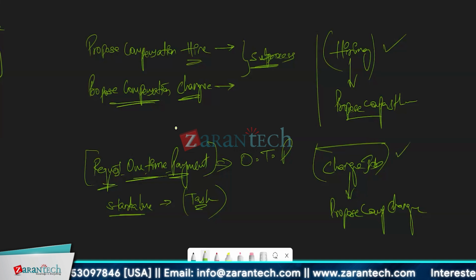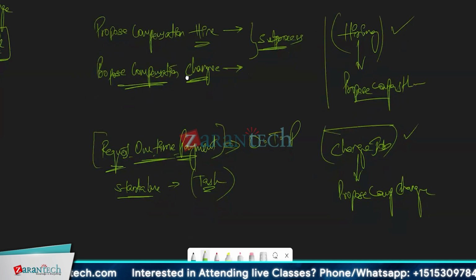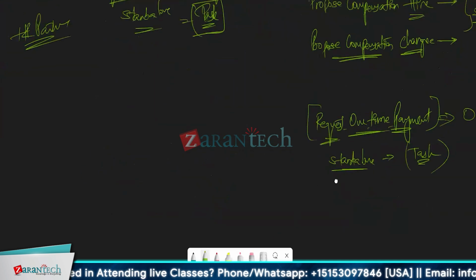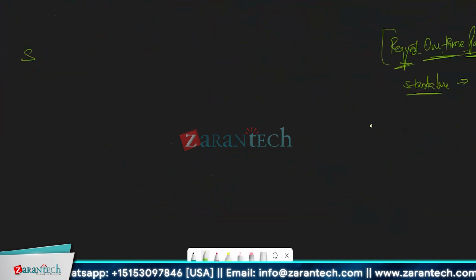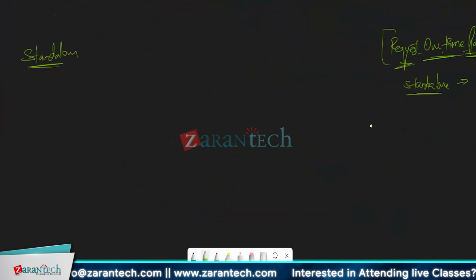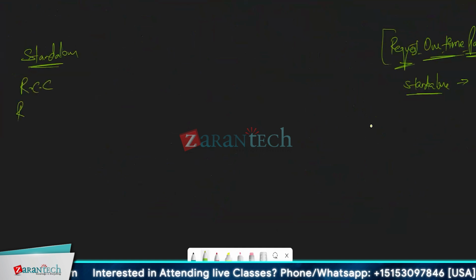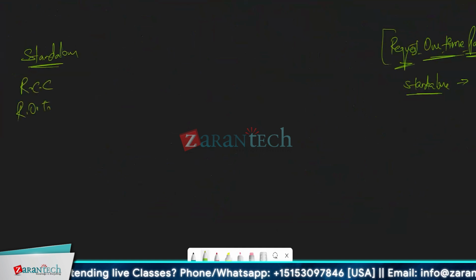Now, the reason I have listed all these business processes this way is because I want you to understand a primary difference between these business processes. One of the primary differences is that some of them are standalone. So which ones are standalone? Request compensation change and request one-time payment.